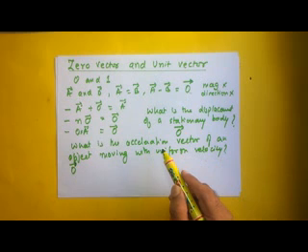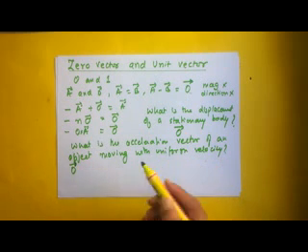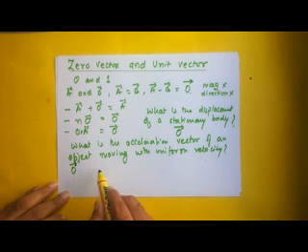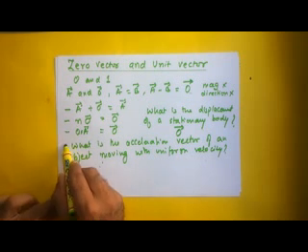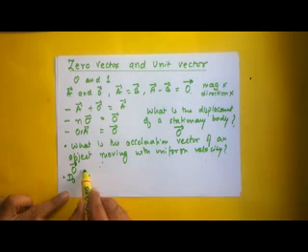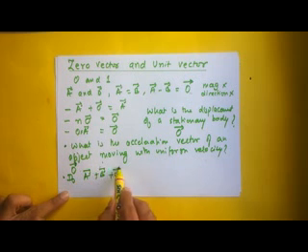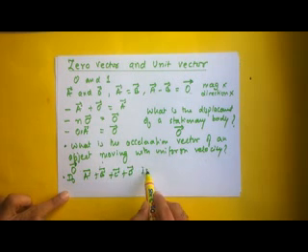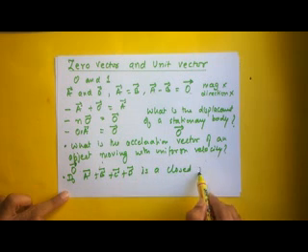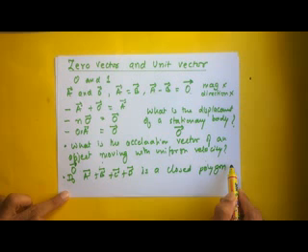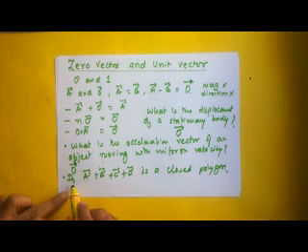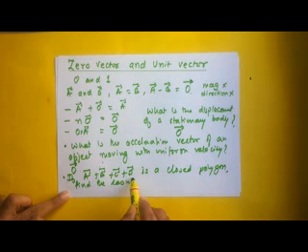I'll end this video with one more example. If vector A plus B plus C plus D is a closed polygon, find the resultant vector.